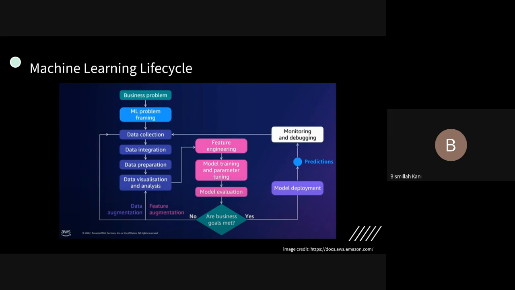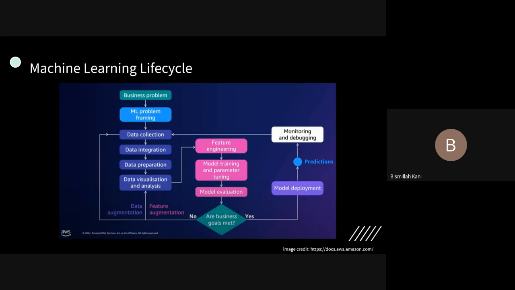Then we start off with three major activities. One is preparing the data, then the model building and training, and finally the most important, the model deployment and monitoring. First we will start with the data part. Typically there will be different roles in your machine learning projects, like, as I mentioned, data engineers, data scientists, and ML engineers.